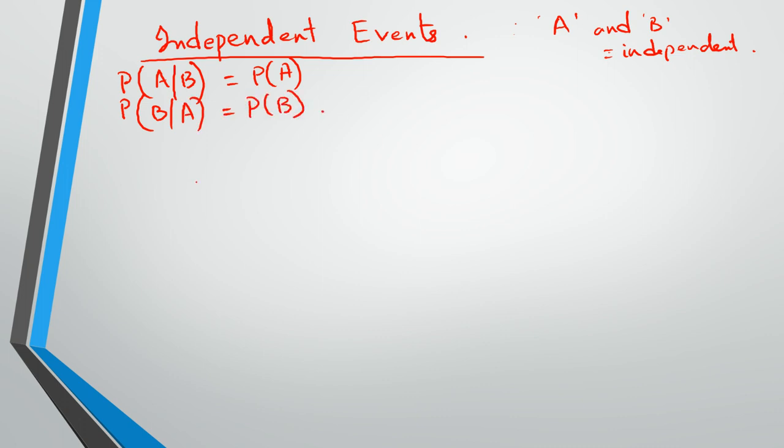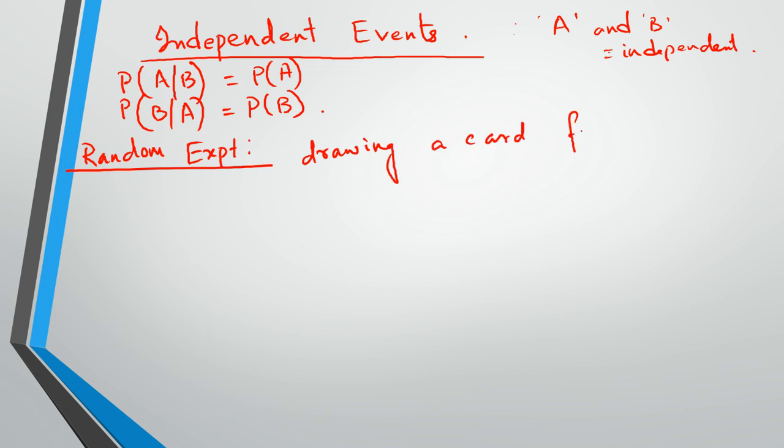Okay. Now let's say we are doing a random experiment. I already explained what a random experiment is, and I guess you all know it. So what is the random experiment? Drawing a card. We are drawing a card from a deck of 52 cards.